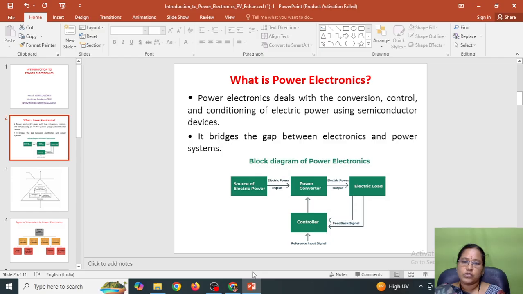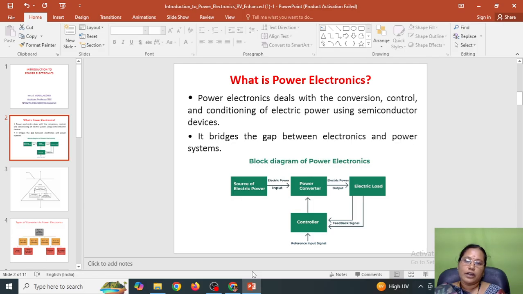The block diagram shows the input power source fed to the power converter. The power converter converts the power from one form to another, like AC to DC or DC to AC. Then it is fed to the electric loads. The controller is also connected between the load and the converter. Why?